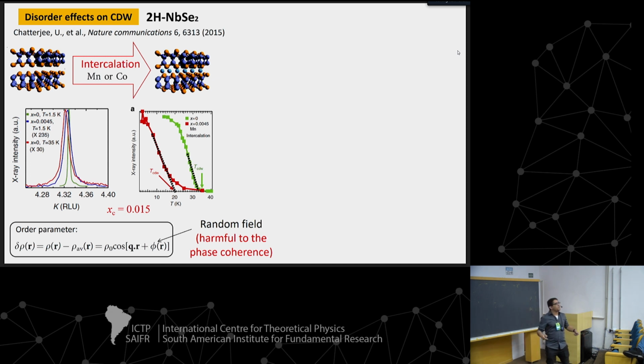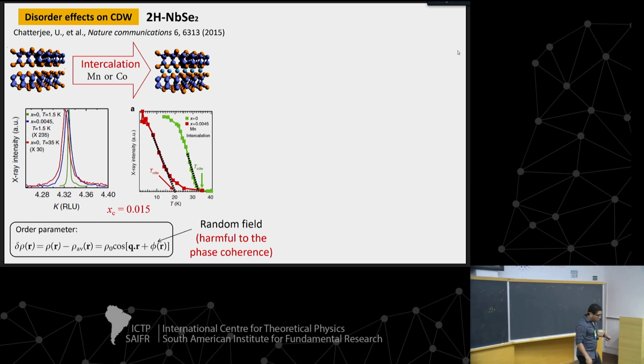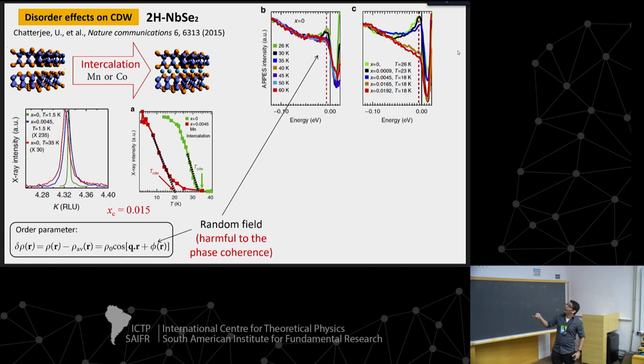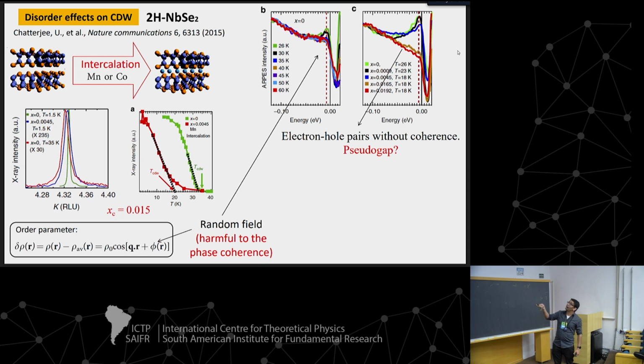This is quite similar to what happens in superconductivity, because here we have a random field, similar to what Thomas discussed with us on Monday, that destroys the coherence of your pair. You still have electron-hole pairs, but you no longer have coherence between them.